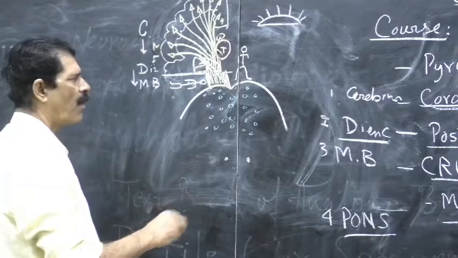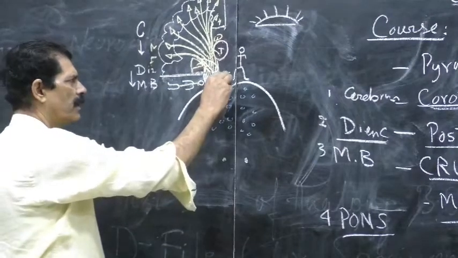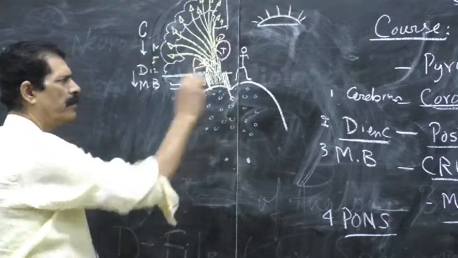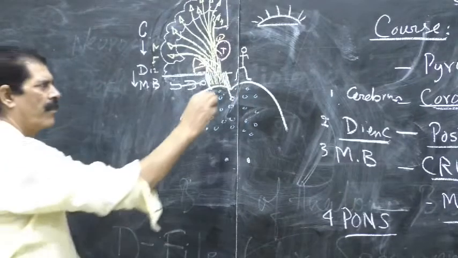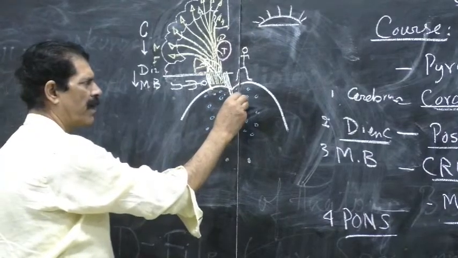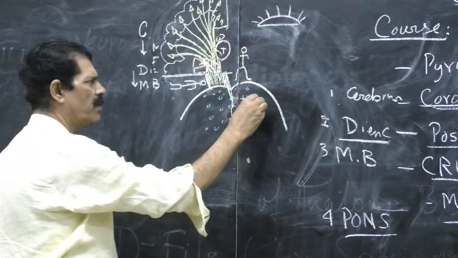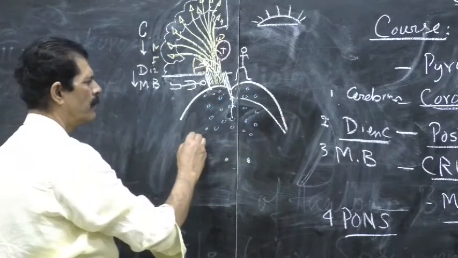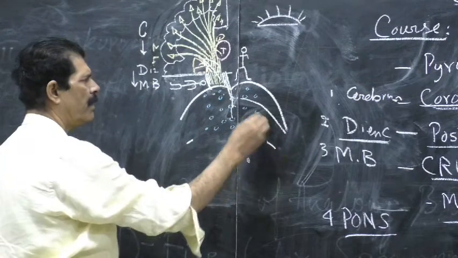Frontopontine fibers. So these fibers relay in the pontine nuclei, and from here the second order neurons go to the opposite side of the pons and reach the middle cerebellar peduncle.